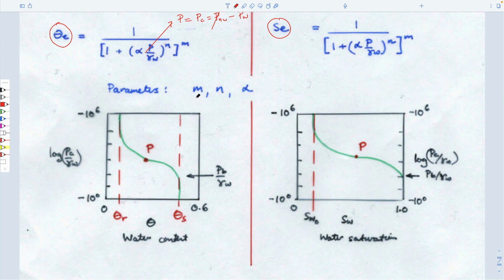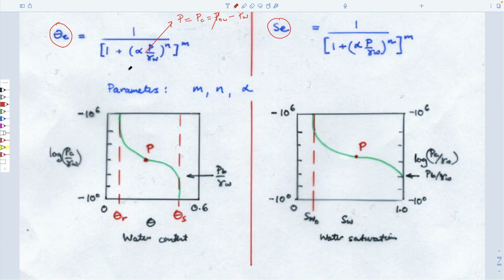And Fetter, even though you don't have Fetter, uses these m, n, and alpha values. And it notes again that these capillary pressure versus saturation curves are defined in terms of these curves relative to the bubbling pressure, a saturation of 1, and an irreducible moisture content. And so this is just an equation that defines these particular curves.